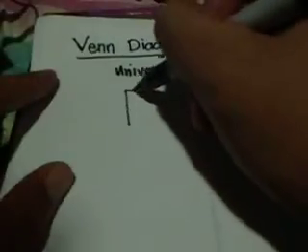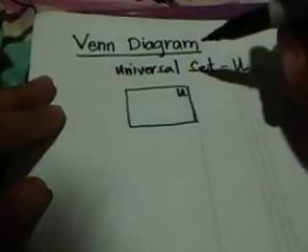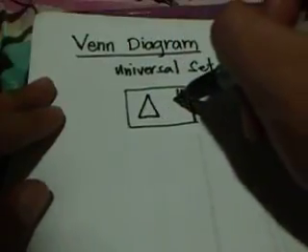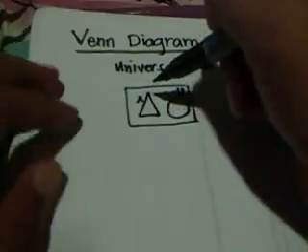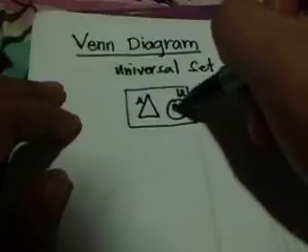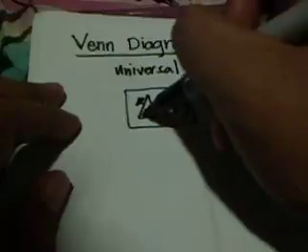So for example, this is the universal set U, and I am going to put a triangle here and a circle here. If this is A, the triangle A for example, and this is B, sorry, this should be placed inside.